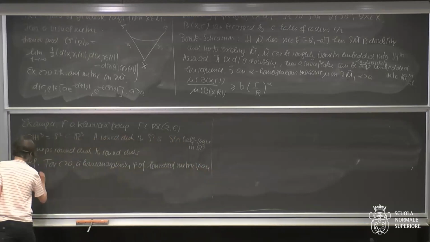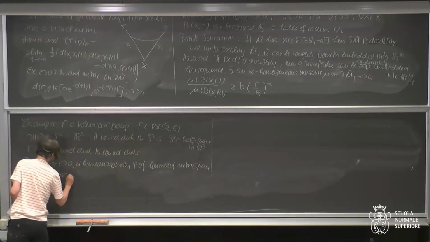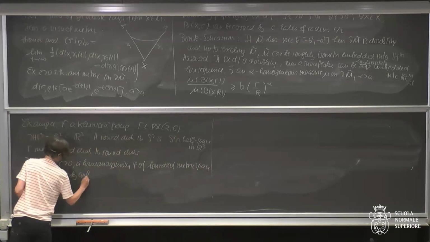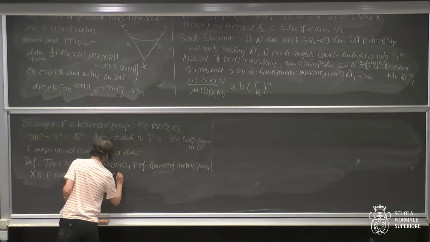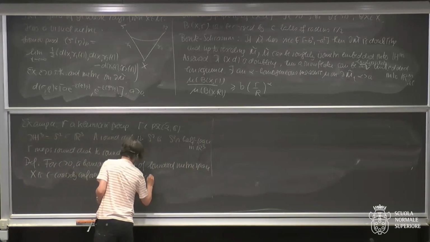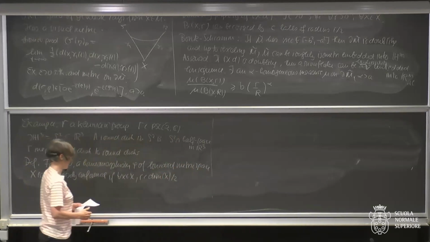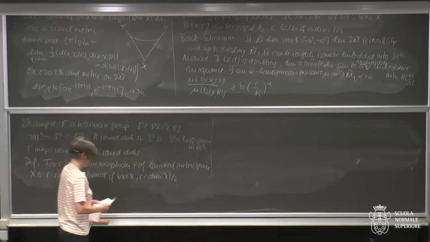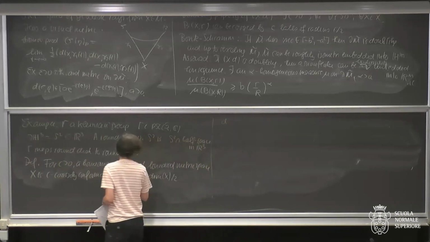X is C quasi-conformal if for all x in X and R less than the diameter of X over 2, where bounded means a finite diameter, I have the dilatation of my map at the point x.